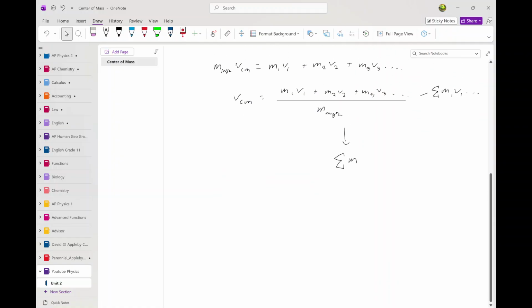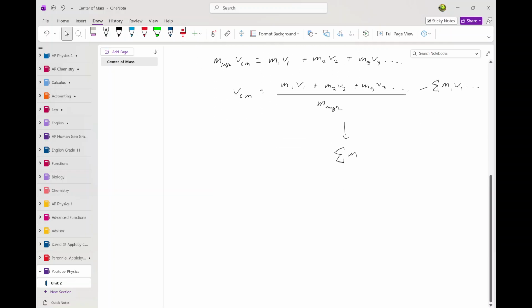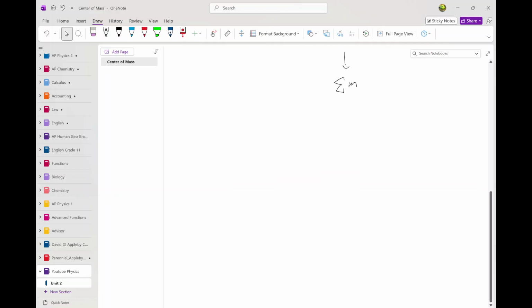There's also another factor. There's the center of mass, there's the velocity of the center of mass, so what comes after that? Obviously the acceleration of the center of mass. Good job. This is another thing you're probably never going to use, but it's useful to know.